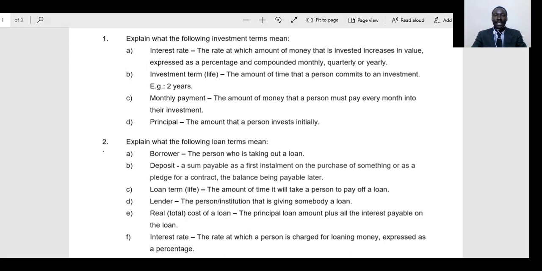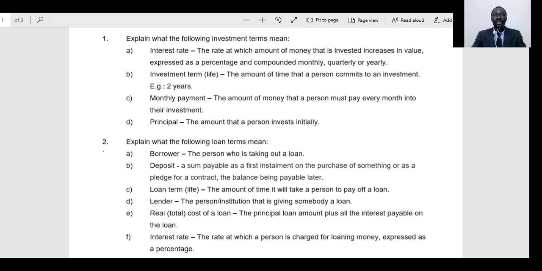The 2 year time period is what we call the investment term, because this is the time that you have committed yourself that beyond this time, the deal is done. At least you're moving on to a new investment. And so this is called investment term or the investment life.